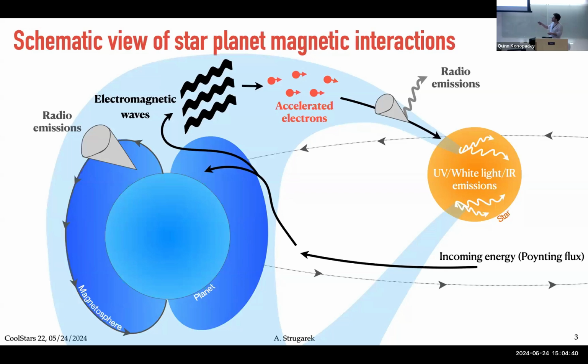But part of it can also be directed back towards the star if this planet is within the Alfven surface of the star, in the form of electromagnetic waves, mostly Alfven waves when they are focused. That can lead to either direct deposition of energy in the stellar atmosphere or acceleration of electrons that would then radiate either through radio emission or maybe Bremsstrahlung when they enter the atmosphere of the star.